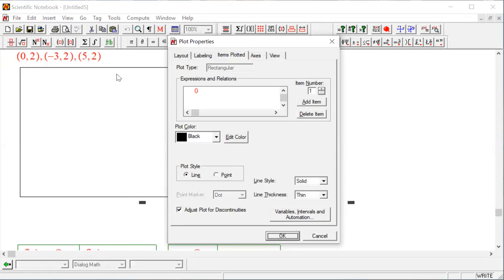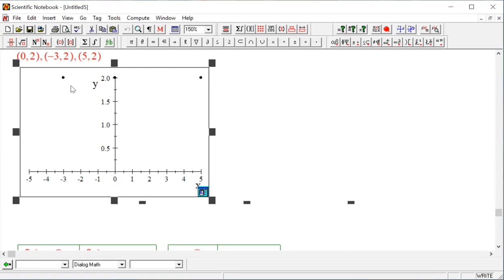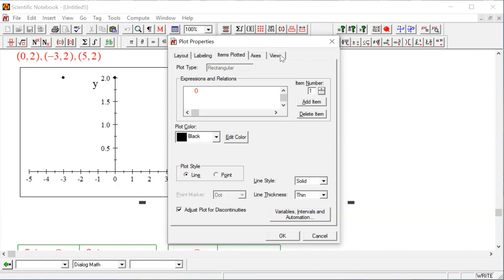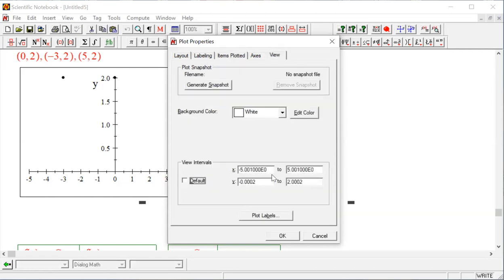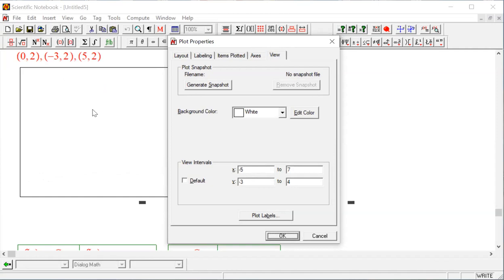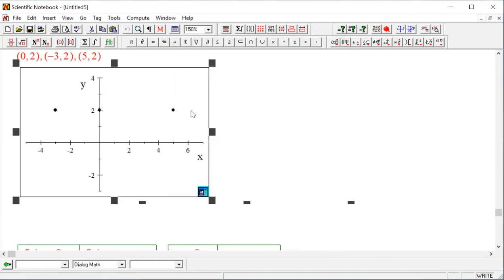Okay. So we have 3 points. You can see the 3 points. If I make some adjustment, we got all 3 points.